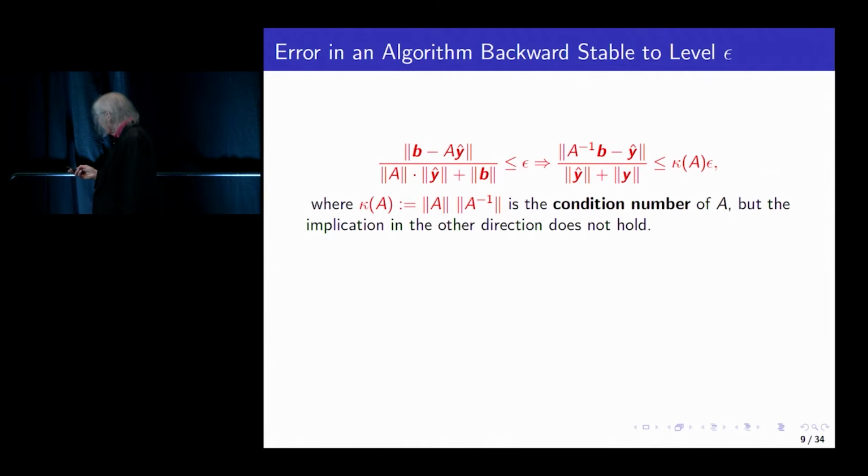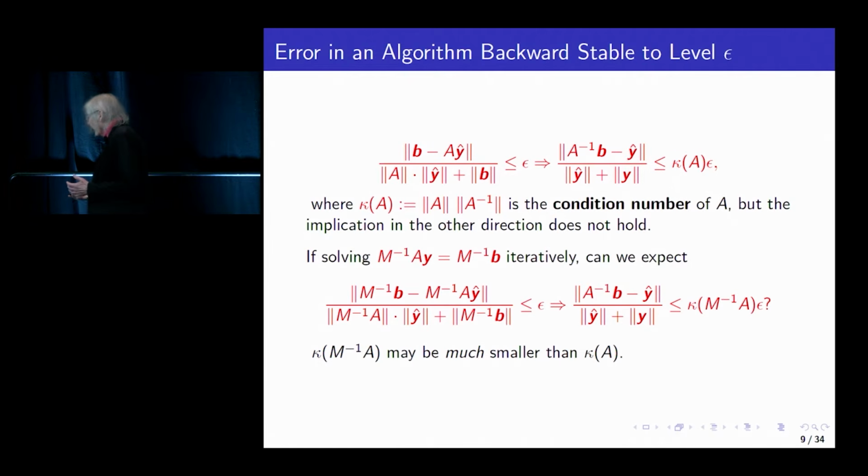Well, if the relative residual is less than or equal to epsilon, then that implies that the relative error, norm of A inverse b minus y hat over norm y hat plus norm y, is less than or equal to the condition number of A times epsilon, where the condition number is the norm of A times the norm of A inverse. The other implication, in the other direction, does not hold.